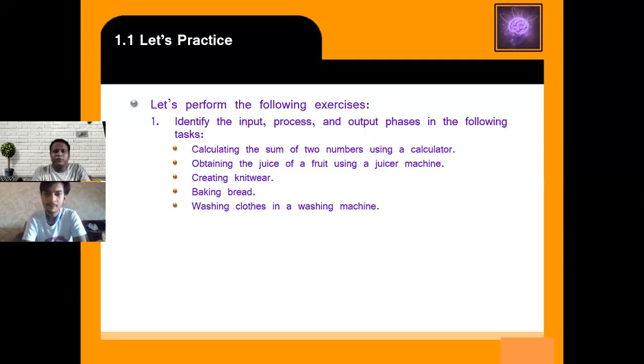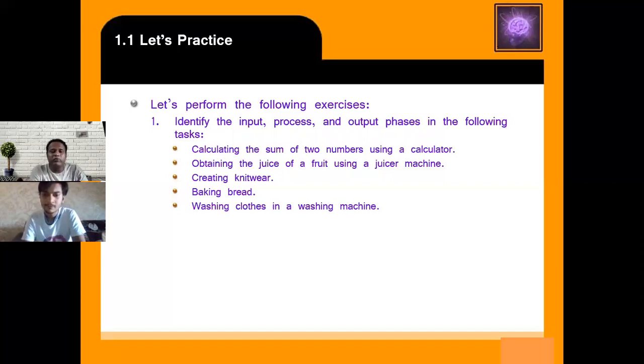So let's perform the following exercise. Identify the input, process, output phases in the following tasks. One is calculating the sum of two numbers using a calculator.